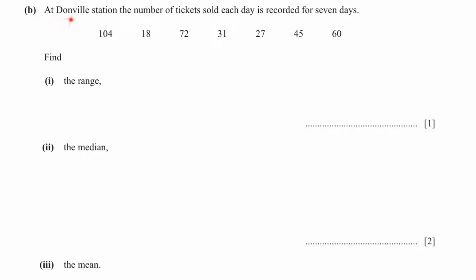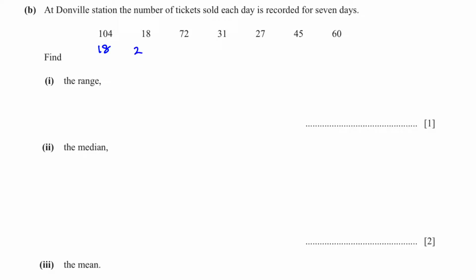B. At Donville Station, the number of tickets sold each day is recorded for 7 days. These numbers are given to us, and we are asked to find the range, the median, and the mean. The first thing to do is arrange them from small to big. So the smallest number is 18.